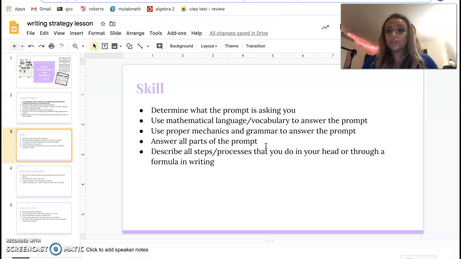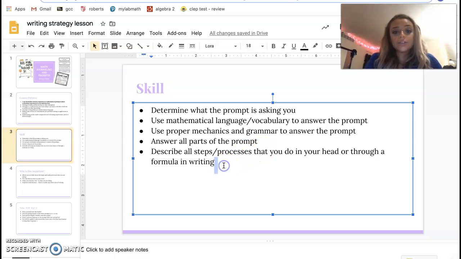Even though you're writing in your journal, if it's a prompt that you are responding to, it still is part of what you're doing. You have to be able to respond to both parts and prove your thinking. You're showing your thinking and what you've learned and what you know.